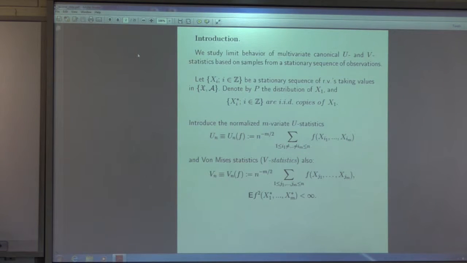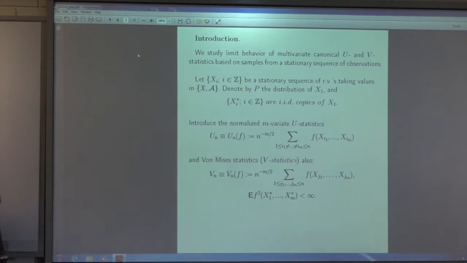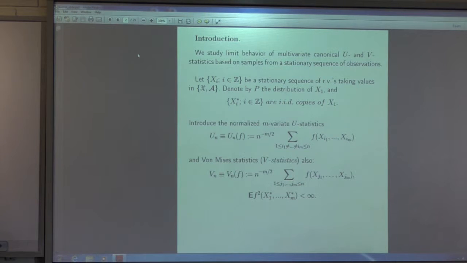N is a sample size, M is the dimension of the statistic. F is the so-called kernel function of the statistic, which is supposed to be from the appropriate L2 space. And X, Y star will be the independent copy of our observations in the case where the observations themselves are dependent.